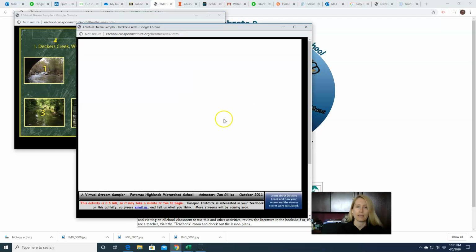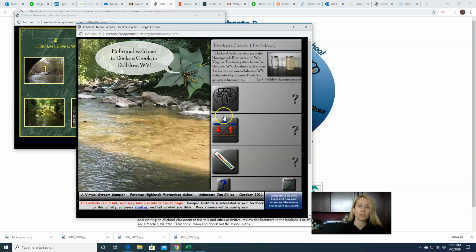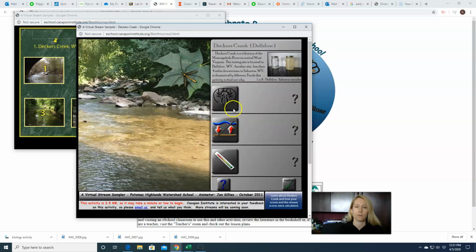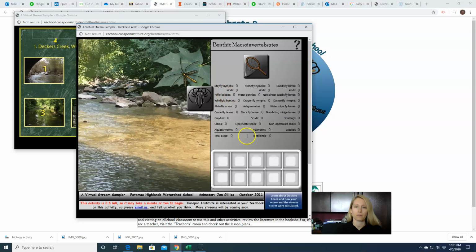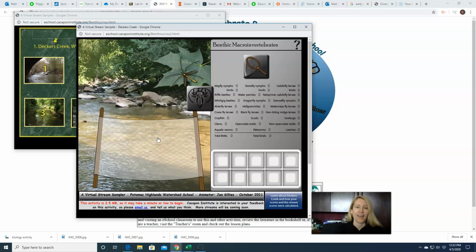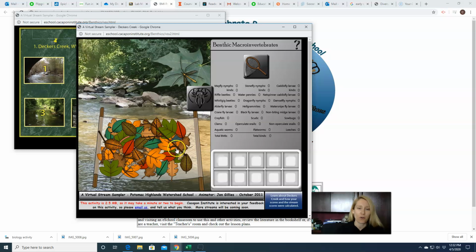When you pick the site to sample, you grab a net here. Oops, I'm sorry, let's go back. This is for the macros. You grab your net and then you put it in the water, pretend that's what you do, and then you sort through all of the leaf litter and find different things.